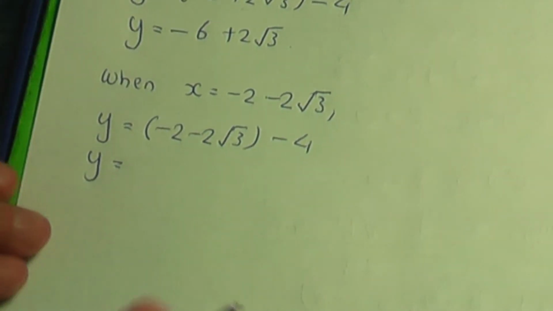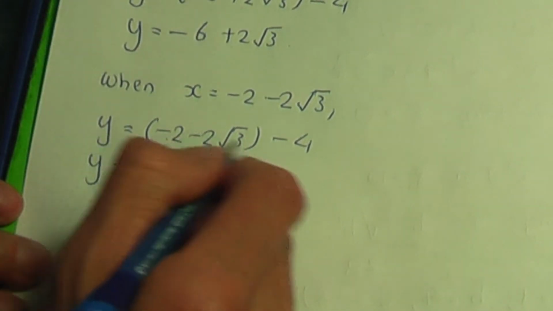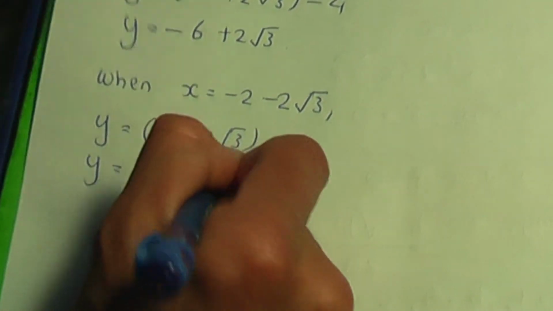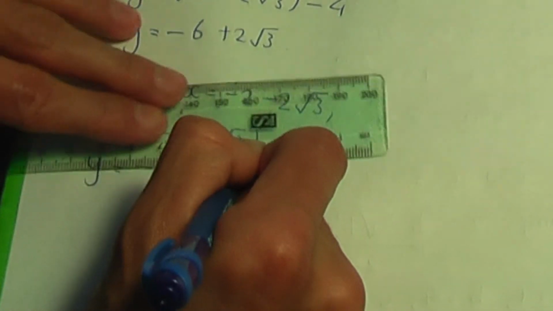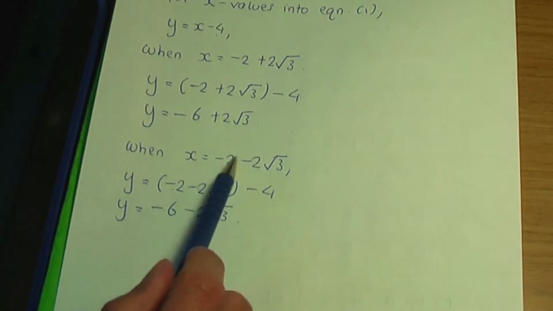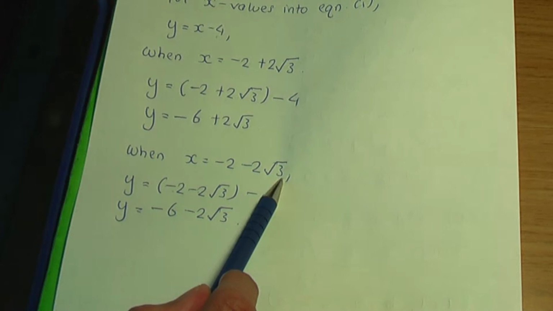If I add the like terms, minus 2 minus 4 is minus 6 minus the 2 root 3. So this is the y corresponding to this x value here.